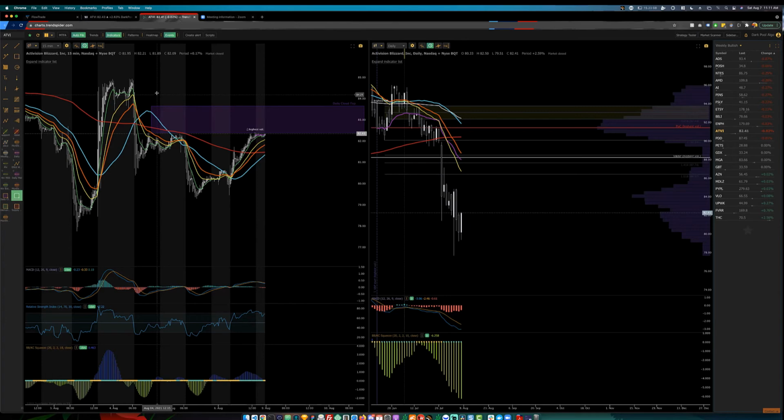Basically what I'm saying is that whenever we see this much overhead resistance, we have a tendency to reject off of it rather than break through it, unless we get a massive move like this. So either a squeeze releases, like what happened here, and we get propelled through it. But once we get through those levels, I think we could maybe retrace to the 34, which is a VWAP 88 level.